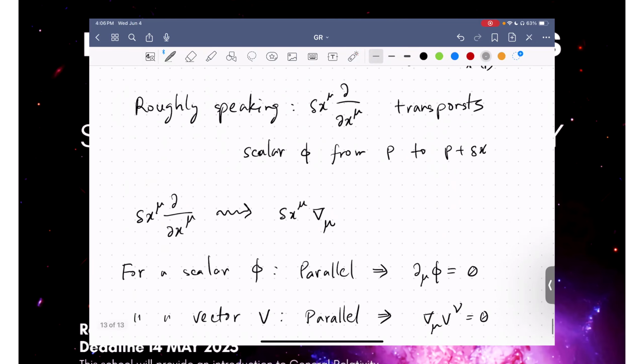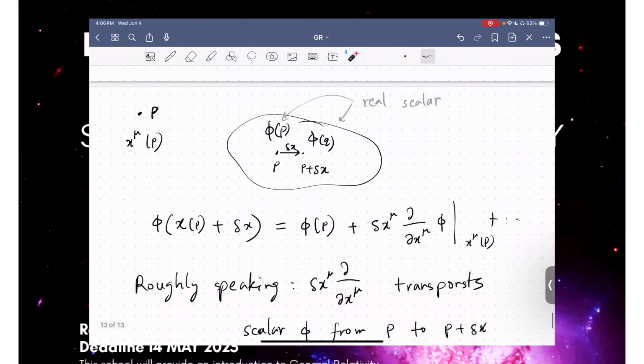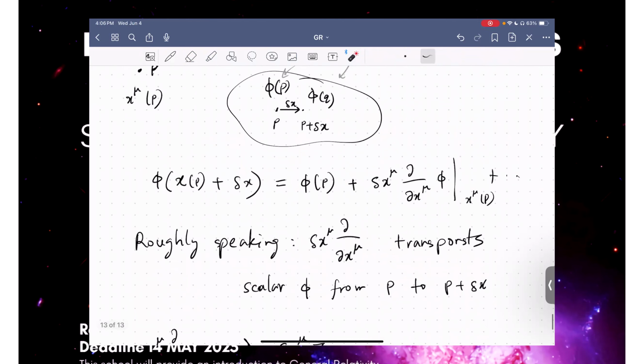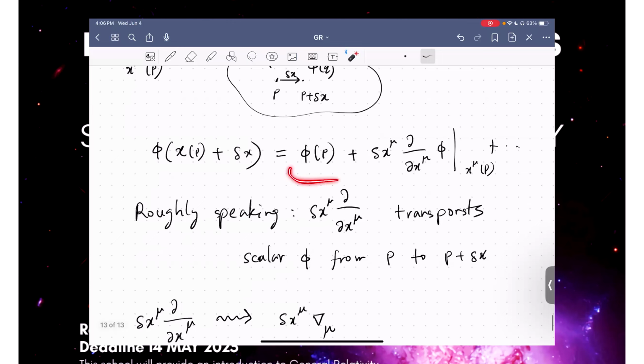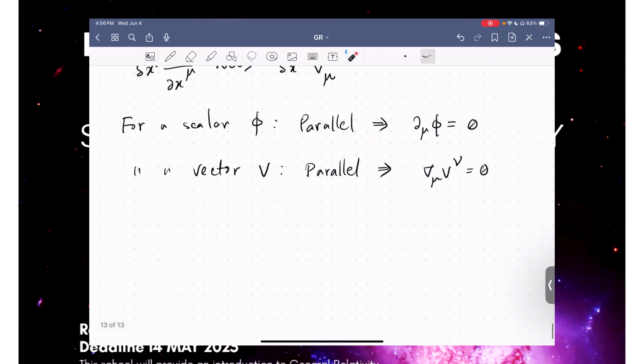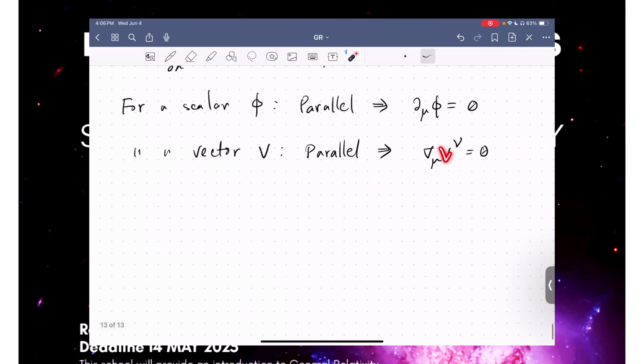Again, just as a reminder, so far we have been talking about transporting things infinitesimally, right? So from P to just P plus del X, so that in a Taylor expansion, we do not worry about higher order terms. So basically, if you have a vector field or any tensor field whose first order derivative vanishes, then that thing is being parallelly transported at small distances.